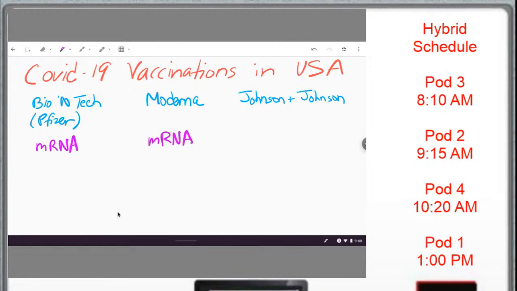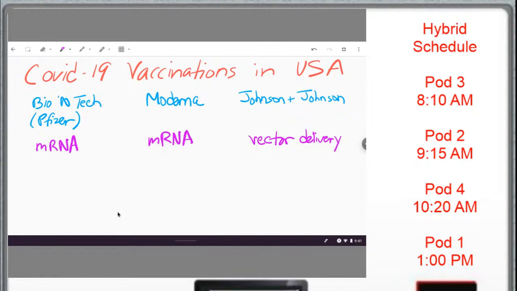Some kind of vector delivery. I can't remember if they use the basis for AstraZeneca or who uses a chimpanzee coronavirus to deliver the parts of the coronavirus to your cells, or if they were using a weakened form of the virus. So very similar to the flu vaccine currently is Johnson & Johnson's vaccine.